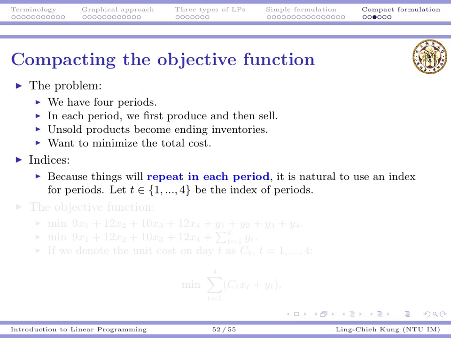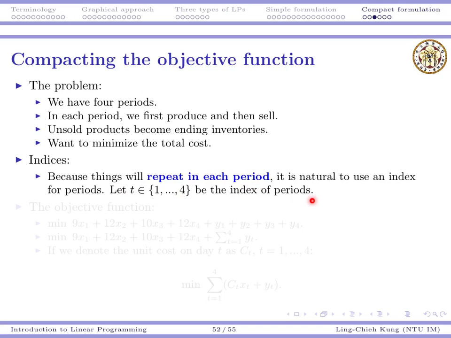The first thing is to decide what indexes I want to use. In this problem, what is repeating are periods, right? Things are repeated in each period. So certainly we want to group things according to periods. So we're going to let t from 1 to 4 be the index for periods.